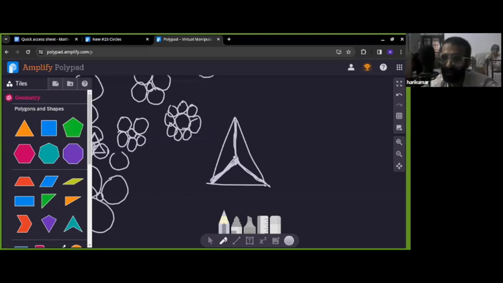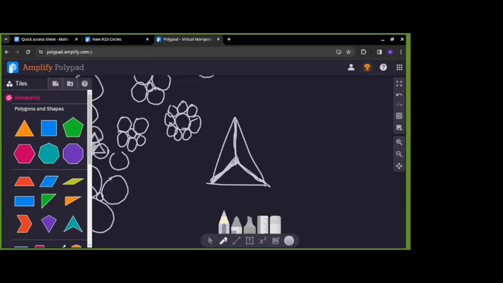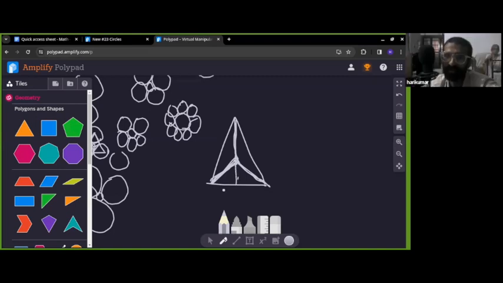Here the median and the altitude are the same. Yes, I can find it. This will be half, this will be a by 2.